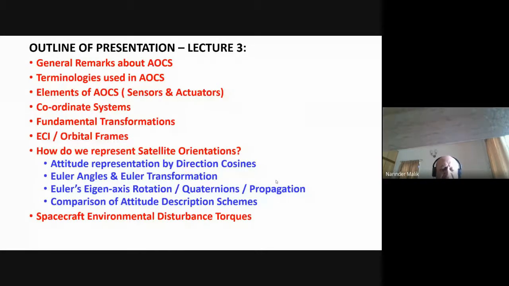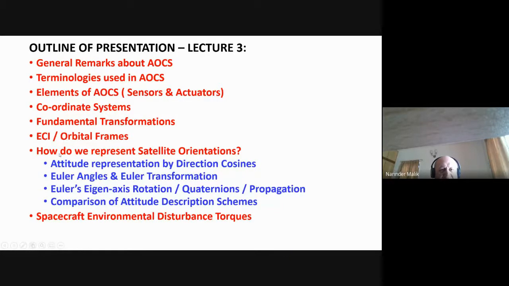AOCS and ADCS both mean the same thing, and I will be using AOCS or ADCS. Elements of AOCS, I'll be touching briefly on sensors and actuators, coordinate systems, fundamental transformation, ECI and orbital frames.